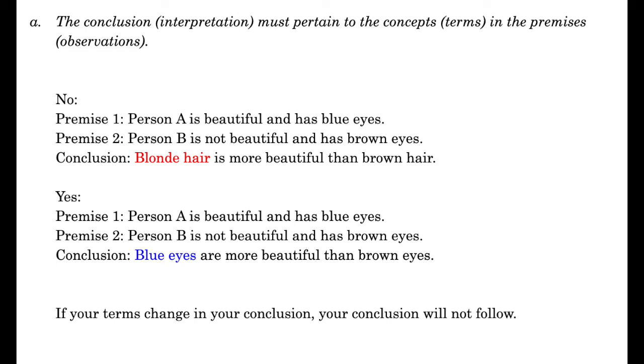There's nothing about hair in the premises, so obviously a conclusion about hair would be switching the terms from the premises to the conclusion, and that would be what we would call an invalid argument. The logic doesn't make sense, the conclusion does not follow from the premises. So your terms must be the same in the conclusion and the premises.